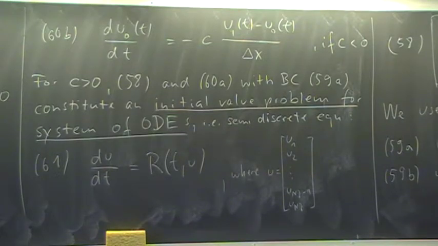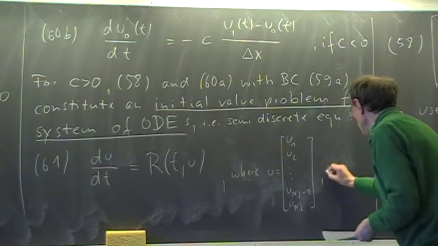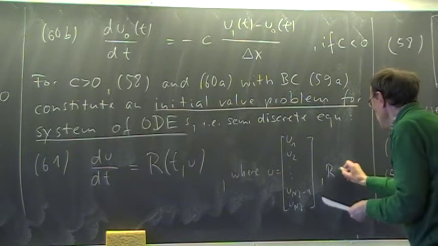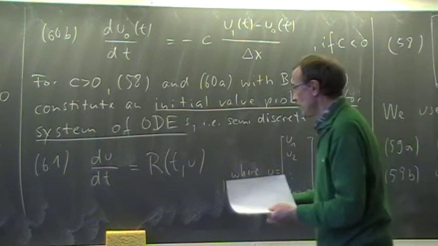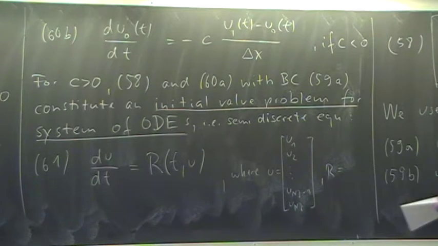These are the unknown values at the grid points. Those are now to be determined. And the right hand side, the r, is the following. And then we simply have to look at this here. That is valid from 1 to nj minus 1.